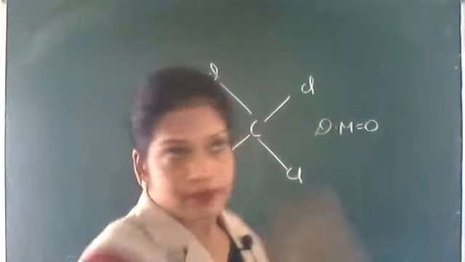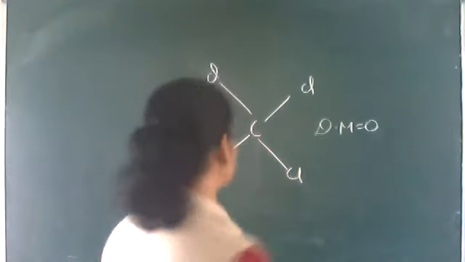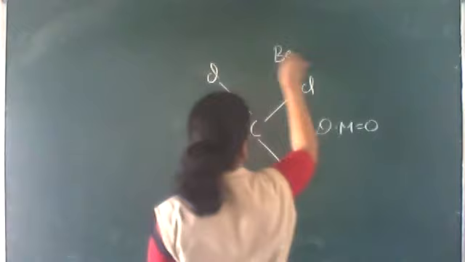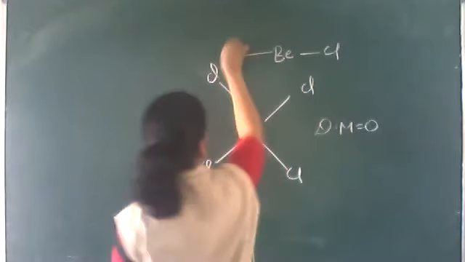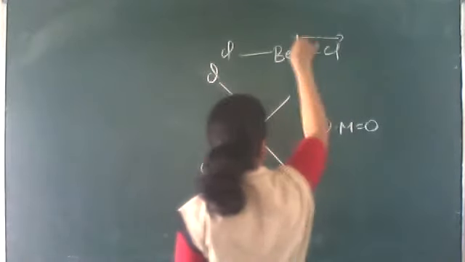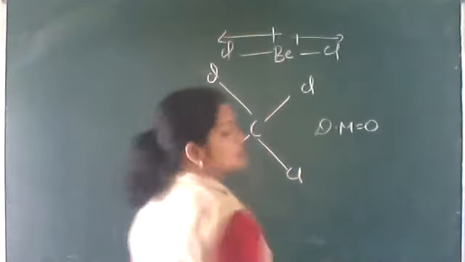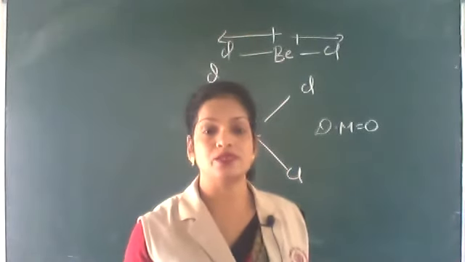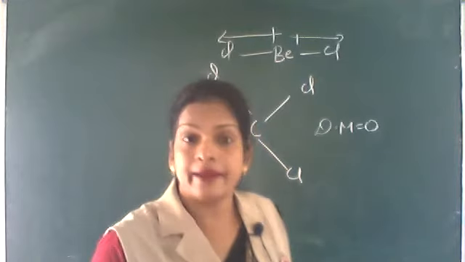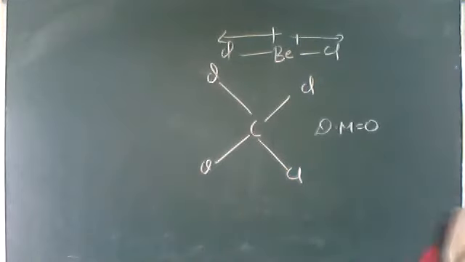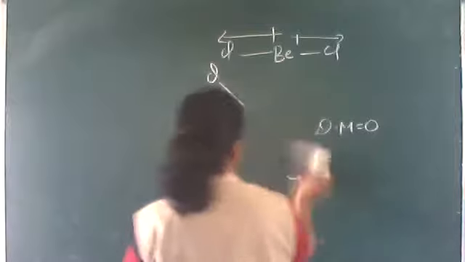Now let's say in BeCl2, dipole moment. Here in this direction, here in this direction, they mutually cancel each other. So again dipole moment is 0. You write one question: in which case there is more dipole moment, NH3 or NF3?